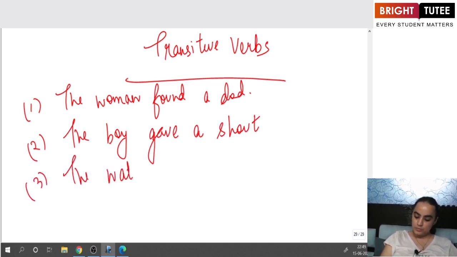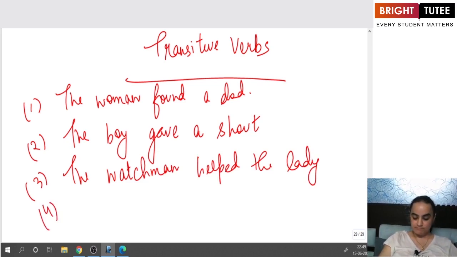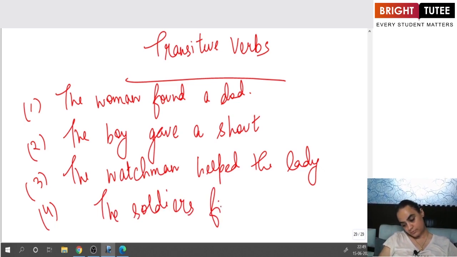The watchman helped the lady. Another example: the soldiers fired the guns. Now look at all these four examples.